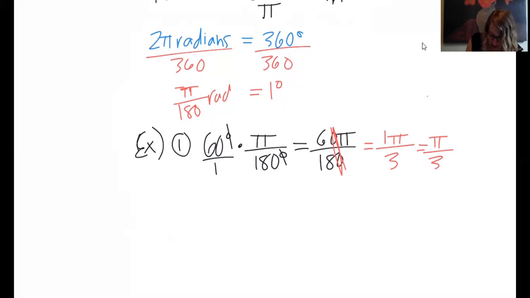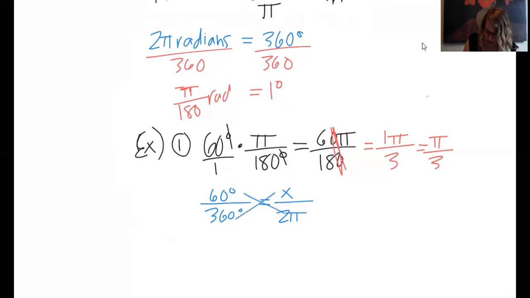I've had some students in the past who prefer to do some kind of proportion, let's say. So they would be like 60 degrees out of 360 degrees is x radians out of 2 pi radians, because they know that there's 2 pi radians in a whole circle and there's 360 degrees in a whole circle.